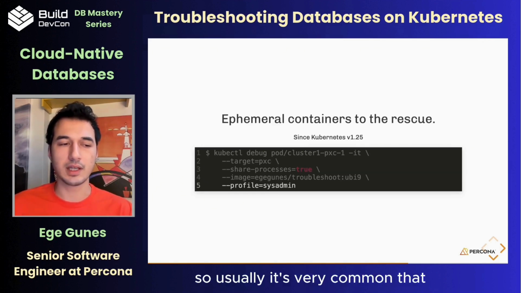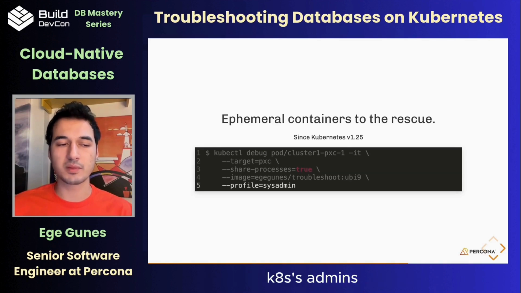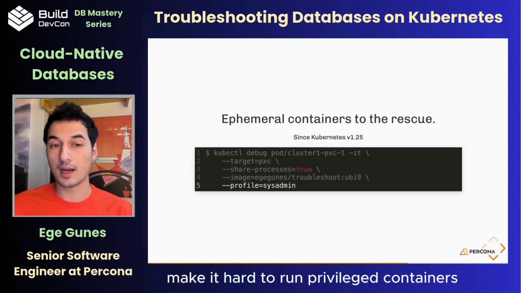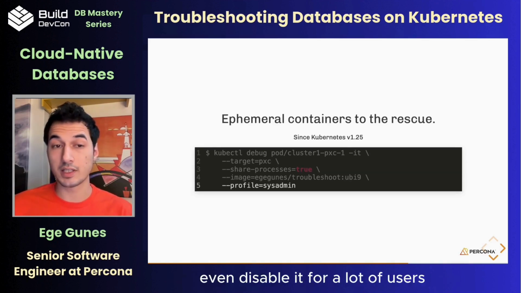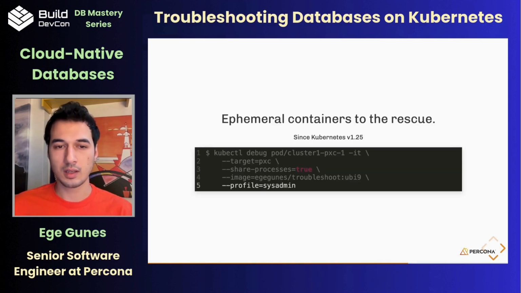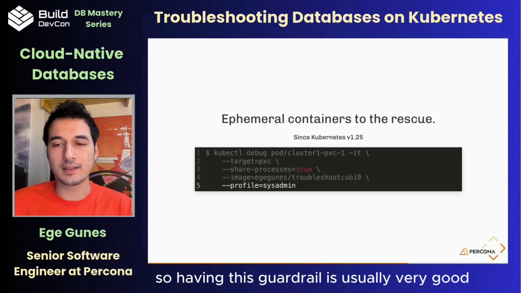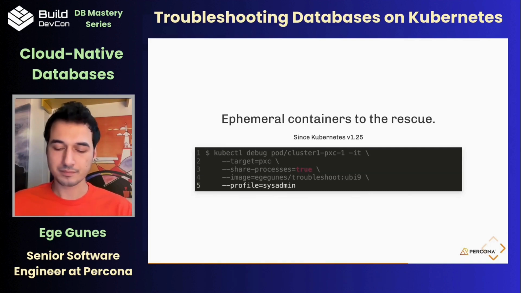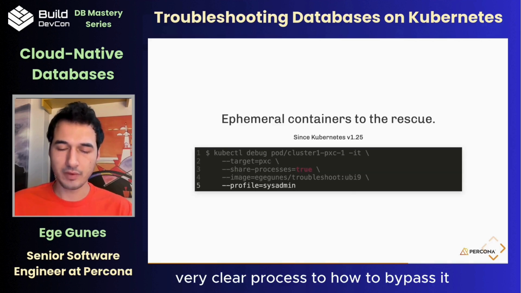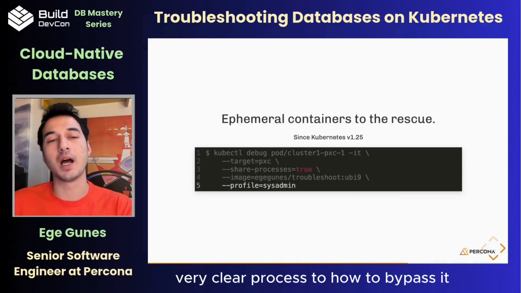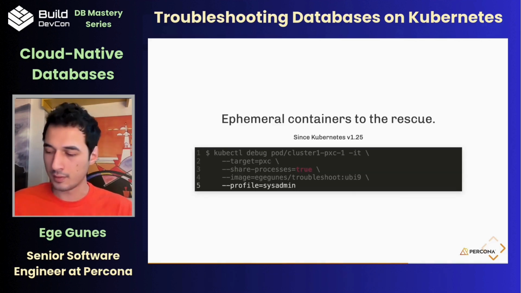Usually it's very common that Kubernetes admins make it hard to run privileged containers, even disable it for a lot of users. Having this guardrail is usually very good, but if you have a guardrail, there should be a very clear process to bypass it in case of an incident.